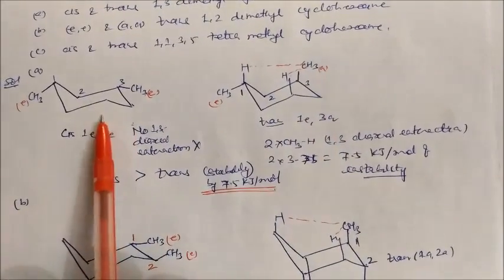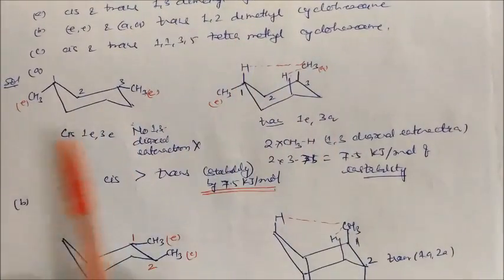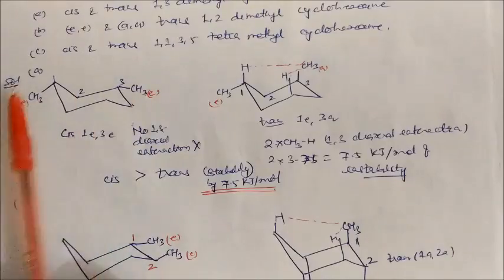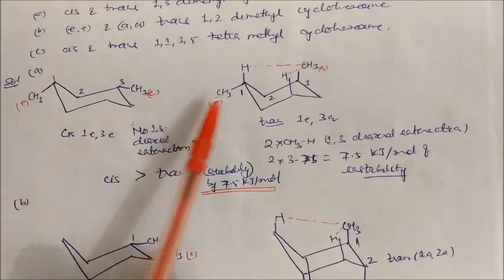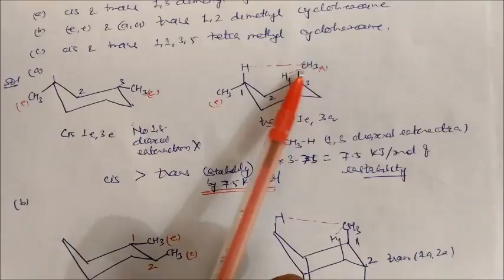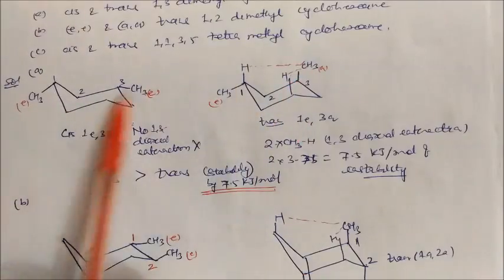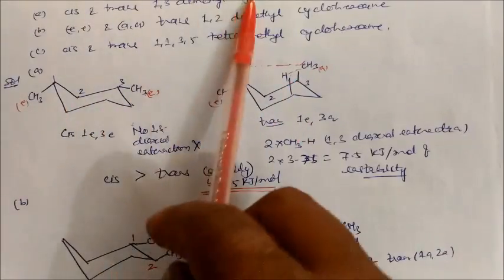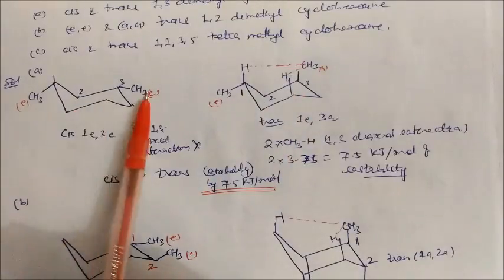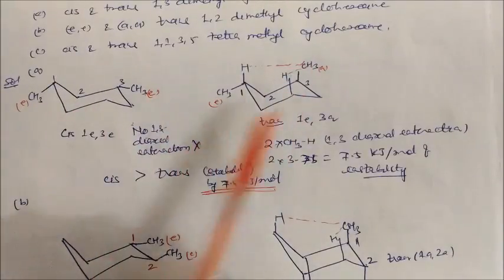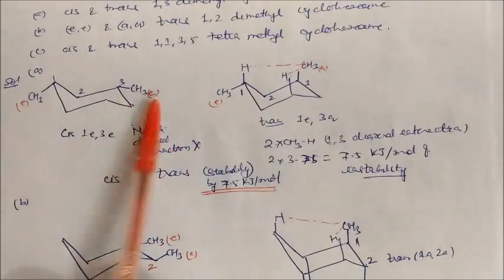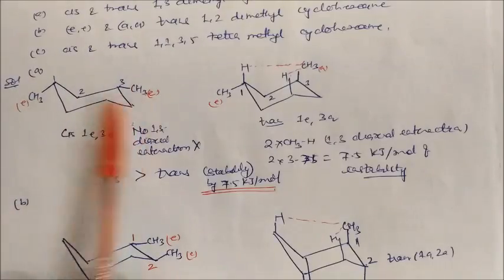So this is the first one, cis and trans 1,3 dimethyl cyclohexane. Here both are in equatorial position, and in the other, one is equatorial and one is axial. We have 2 conformers in this case for 1,3 dimethyl: one is the EE form, one is the AA form. Now which is more stable? We can see the diaxial interaction in this case.